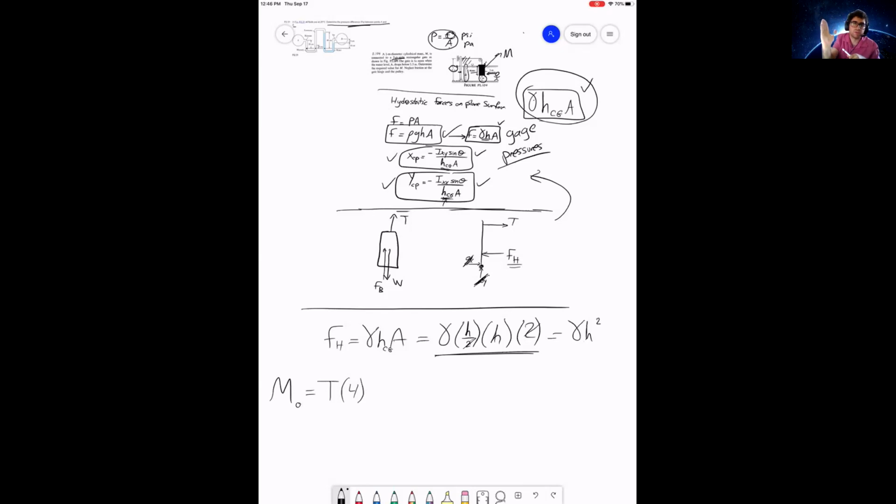And you have AFH times, we don't know, we still need to calculate YCP. One should be minus, one should be plus. Clockwise is minus, so T is minus and this is plus FH times YCP, because we didn't calculate YCP.